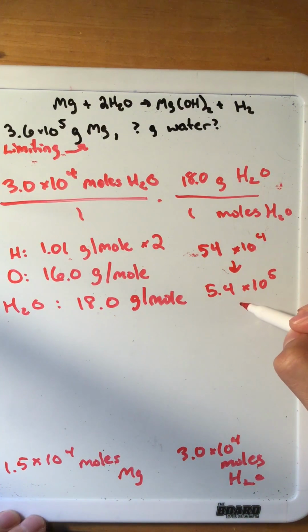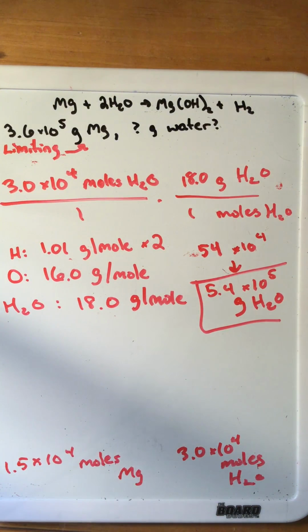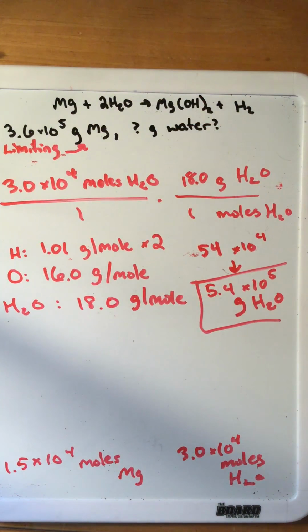But this is grams H2O. This is what we were trying to get from the beginning. So if we have 3.6 times 10 to the 5th grams of magnesium, we're going to need 5.4 times 10 to the fifth grams of H2O minimum to react with that.